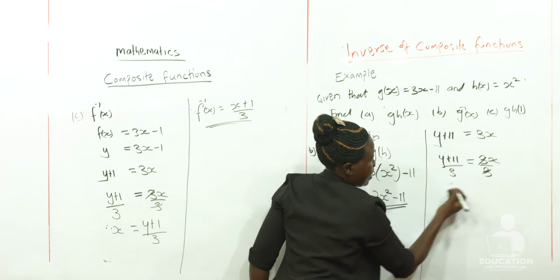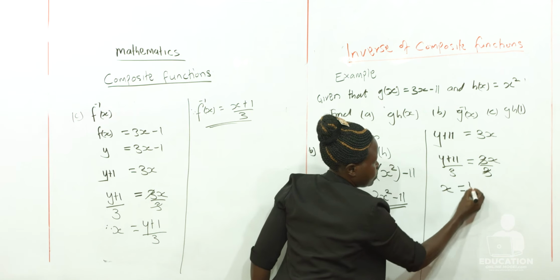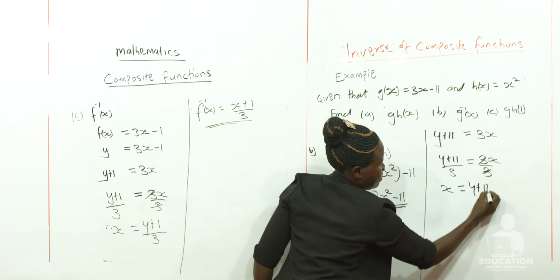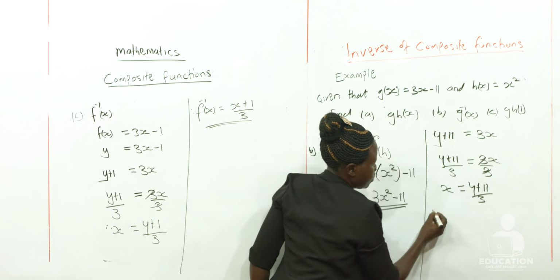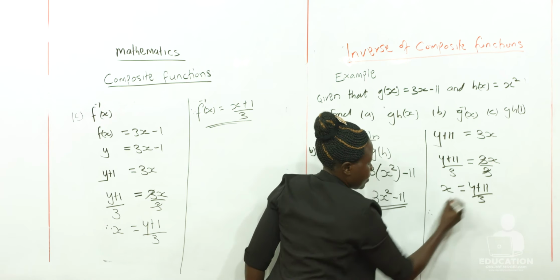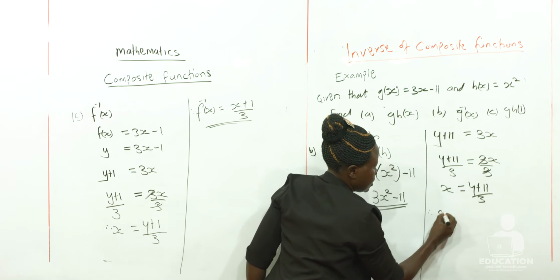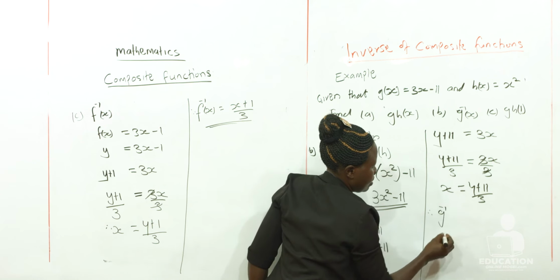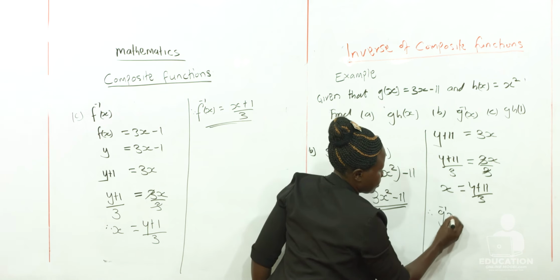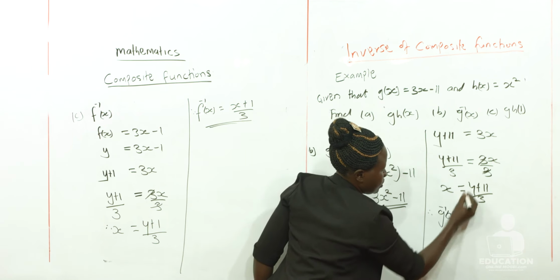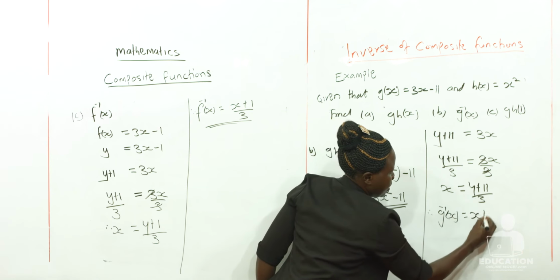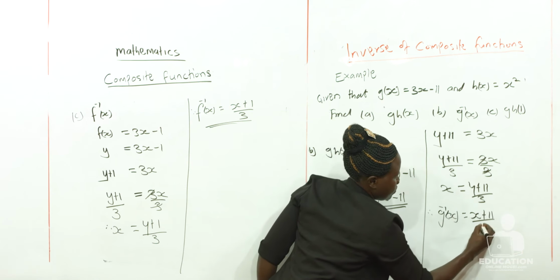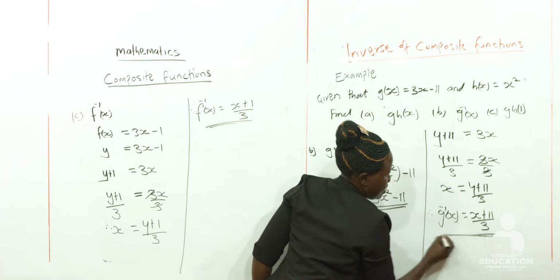So this will cancel and you'll have x equals y plus 11 over 3. So it is here where you write the inverse by getting g inverse of x equals x plus 11 over 3. So this is your answer.